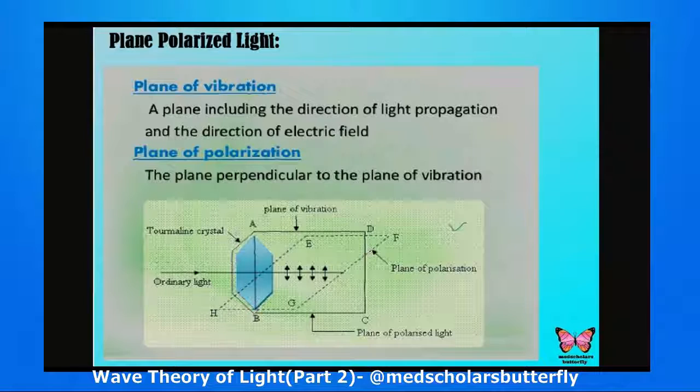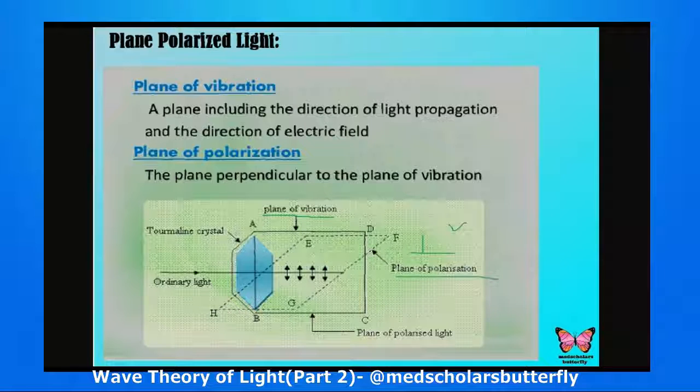Plane of vibration is the plane in which the vibration of the light takes place. Then what is plane of polarization? Plane of polarization is the plane perpendicular to the plane of vibration, where there is no vibration of the light. So it is located outside of this tourmaline crystal.